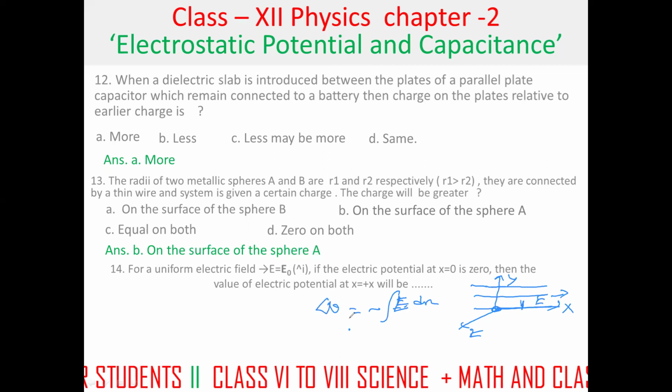So if I integrate it from 0 to x, E is constant and comes out, and the line integration of dr would be r.